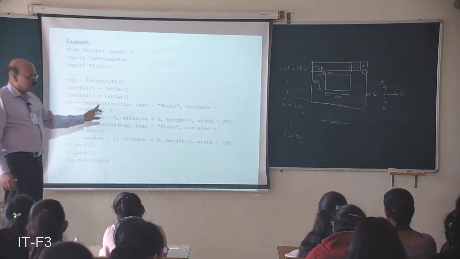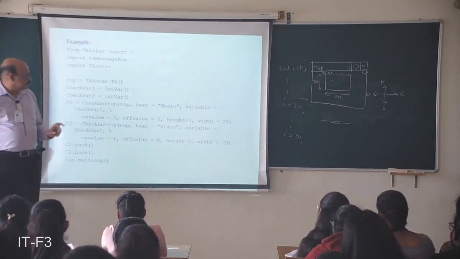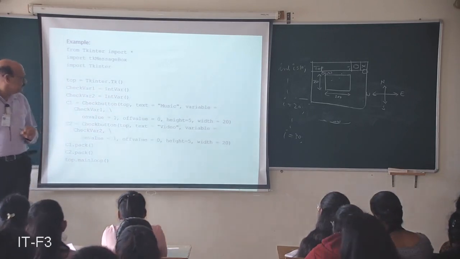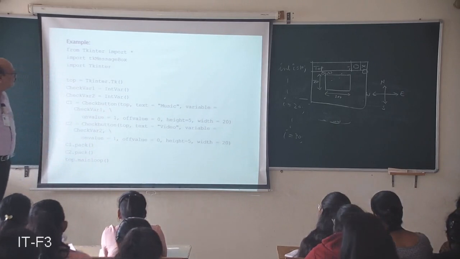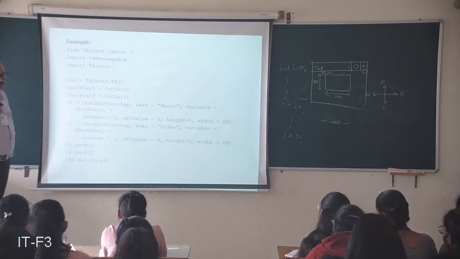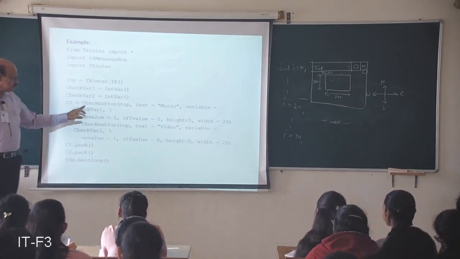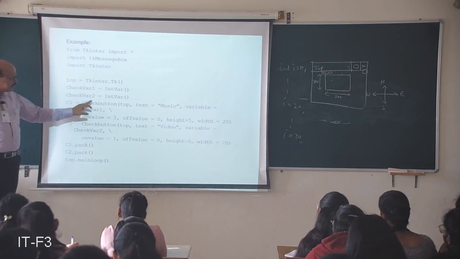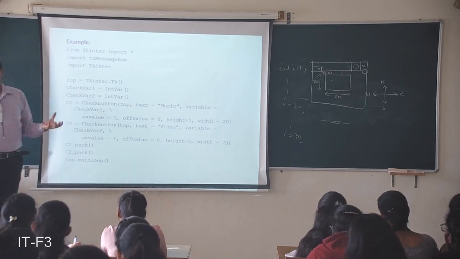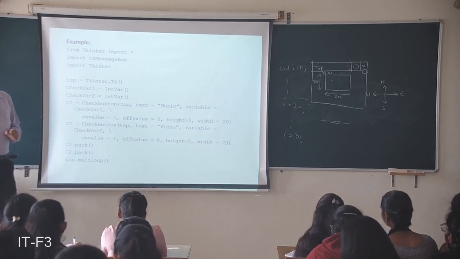Now you see, whenever we want to create a check button, first use the check button. You should get a doubt here. In the previous programs, we have written tkinter.CheckButton, but here we are directly writing CheckButton. Why?